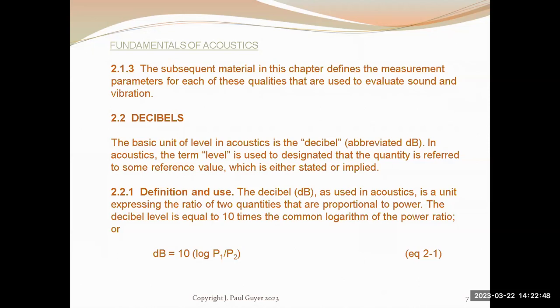And the definition of a decibel, how you calculate it, if you will, is you would use equation 2-1. Decibel equals 10 times the log of P1 divided by P2.